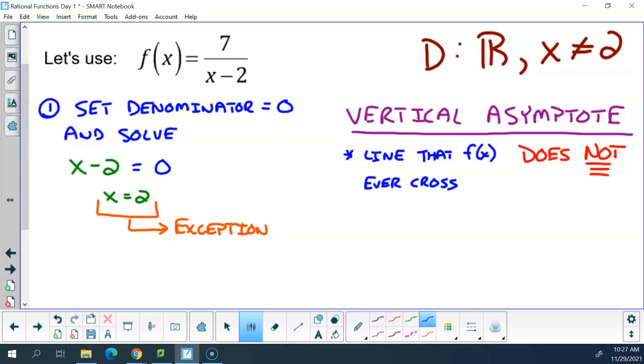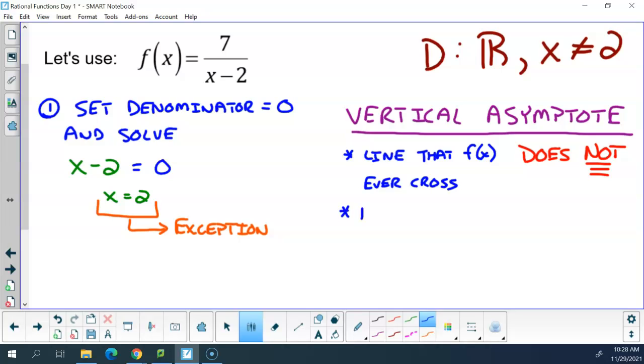It is the wall of all walls. It's like saying Chuck Norris is right there, and the function's getting closer and closer to it, and it's got to, nope, can't cross Chuck Norris, I got to turn away. Okay? So your vertical asymptote never, ever, ever gets crossed.